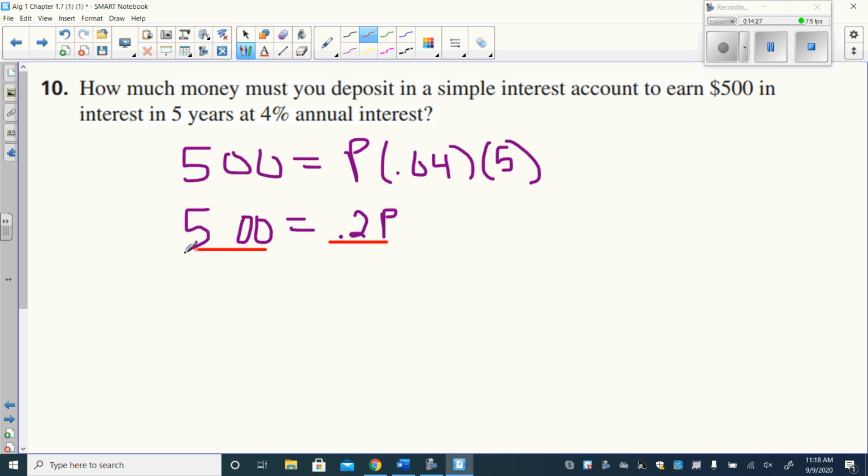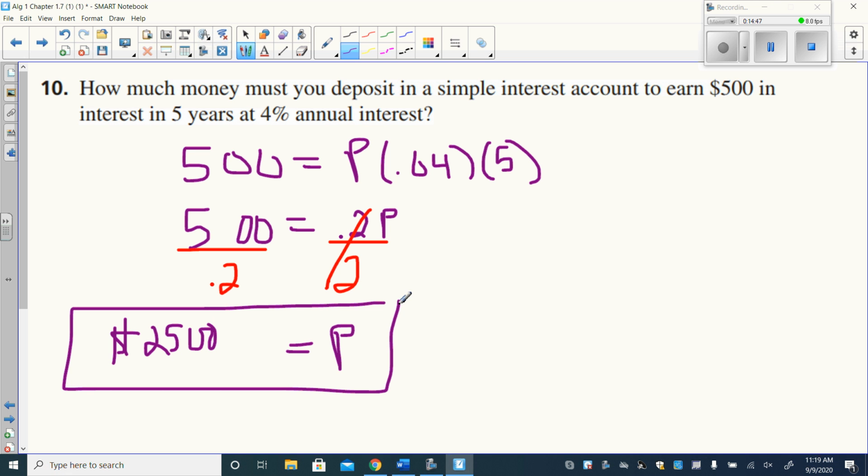Then our last step to get p by itself is going to be to divide both sides by 0.2, because 0.2 and 0.2 will cancel. And we should get that 500 divided by 0.2 would be $2,500. So $2,500 would be our amount. And that's it.